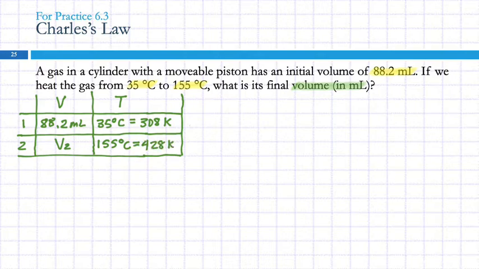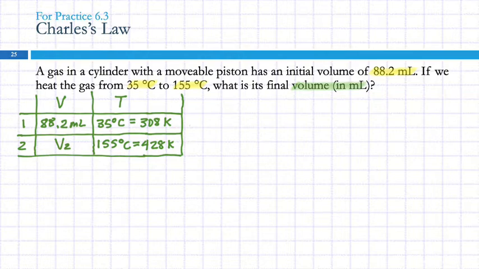Now, an interesting thing happens a lot with temperatures. Our initial temperature had two significant figures, but when we're adding, we're looking at the decimal places, so it goes to the ones place. So now the number has three significant figures, and that happens. Okay, so there's all of our information. This is telling us, of course, that this is Charles' law.